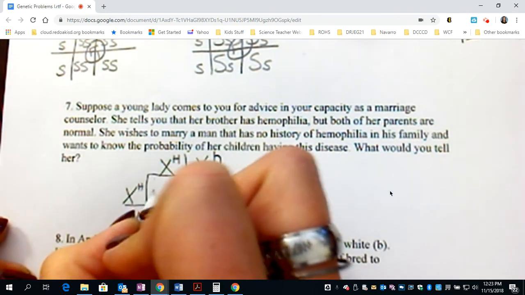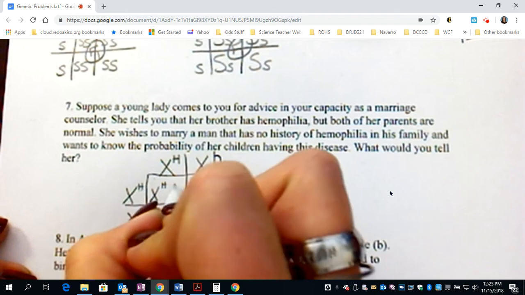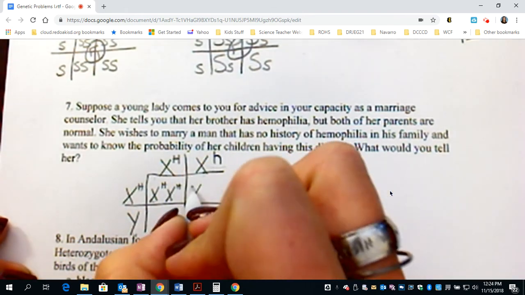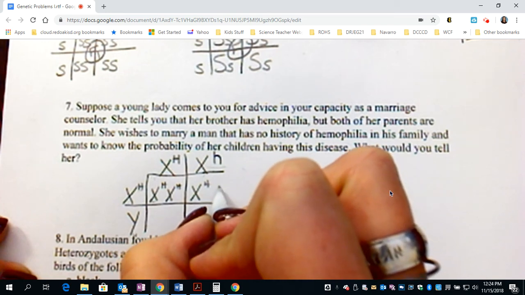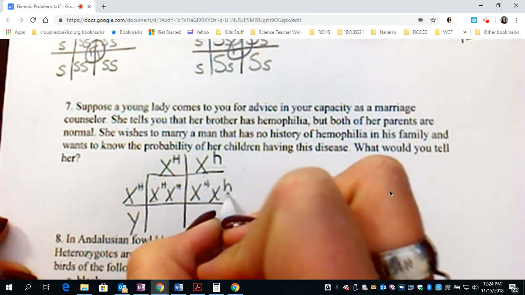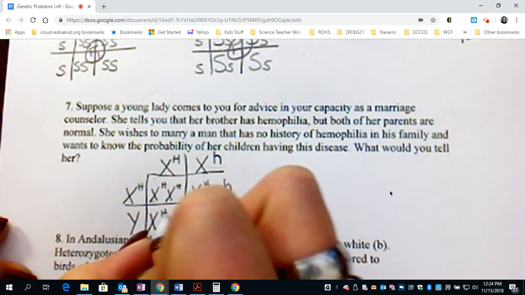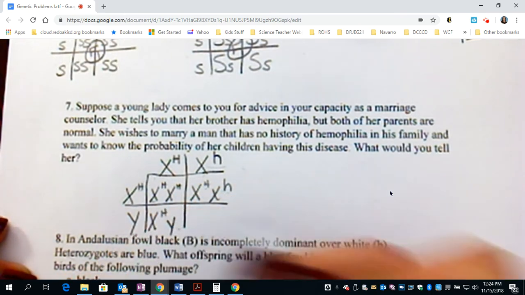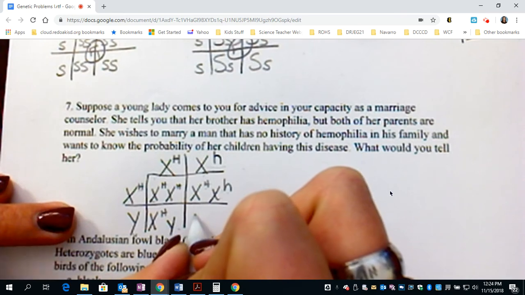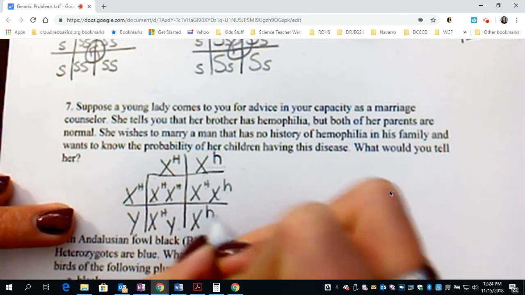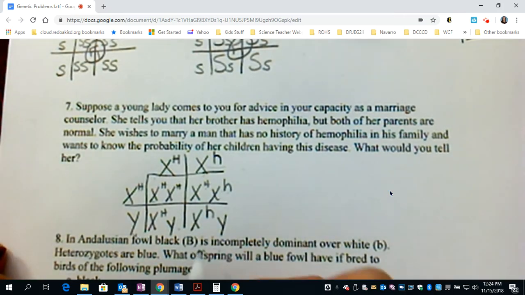So you mix these just like you would a normal Punnett square. So here I have a normal baby. Here I have a normal baby, but a carrier for hemophilia. Here I have a normal baby. And here I have a baby with hemophilia.